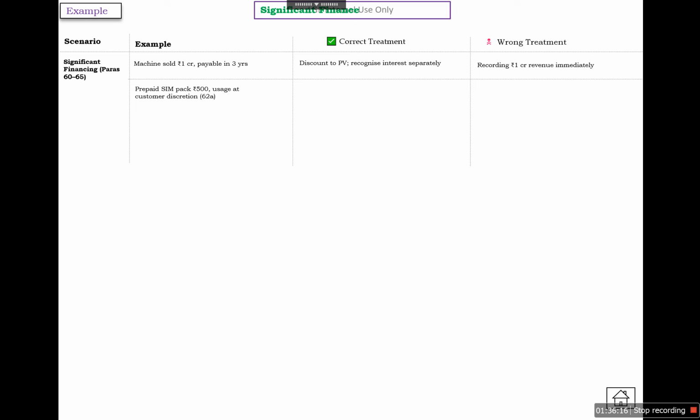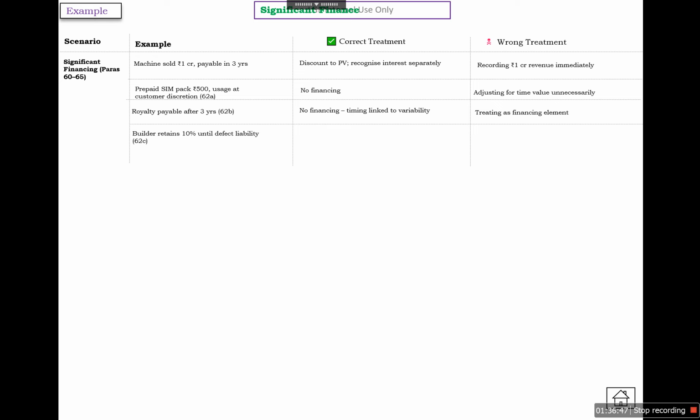Similarly, a prepaid SIM pack of 500 used at customer discretion has no financing, so adjusting for time value is unnecessary. And a royalty that is payable after 3 years is also not financing, because it is related to variability and a factor that is out of control. Though variable, the royalty will not be adjusted for the time value of money.